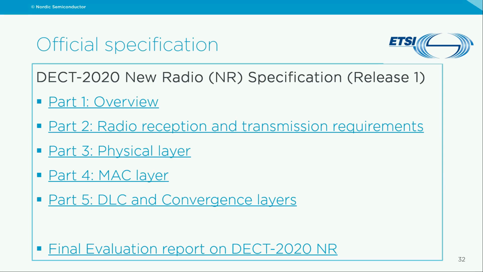If you want to read more details around this technology, we strongly suggest you look into these documentations. You also have the radio reception and transmission requirements for this technology, and more details around the physical layer, the MAC layer, the data link control layer, and the convergence layer here. I also added a link to the final evaluation report on DECT 2020 new radio.